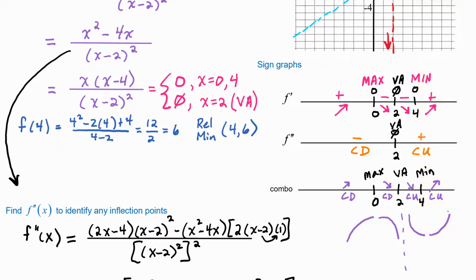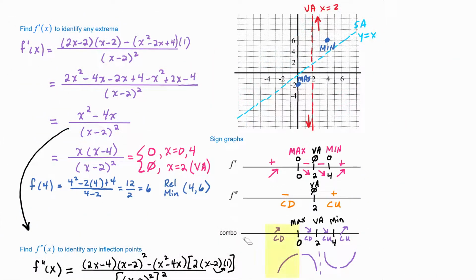Now, our job is to tie in what we know the basic overall shape of the graph is with the asymptotes and intercepts and mins and maxes that we have on the graph. Now, from negative infinity until 0, we know the basic shape of the curve is increasing and concave down. However, we have to make sure that that works also with this slant asymptote we have. So it's going to look like this, has to approach that asymptote.